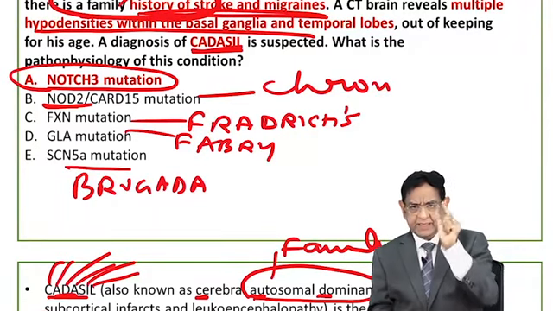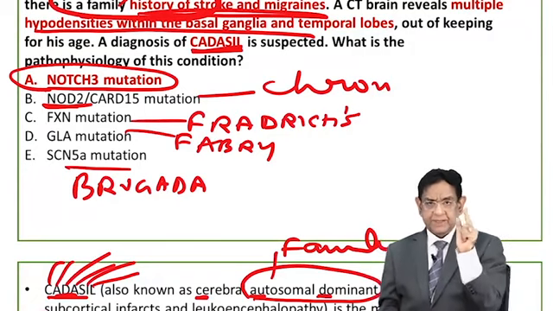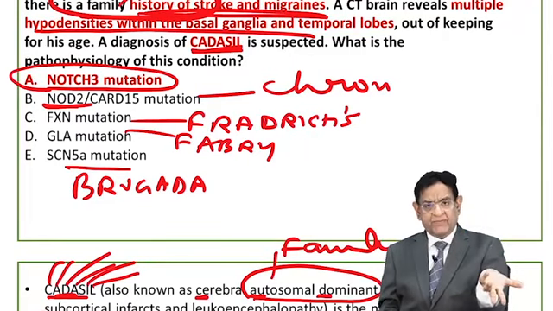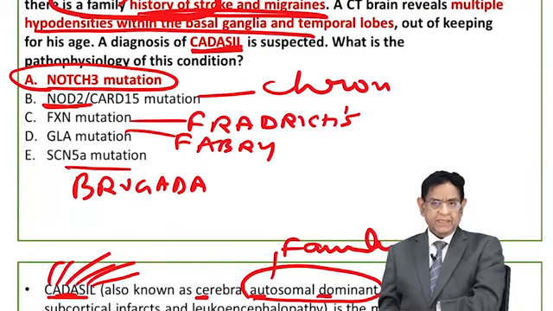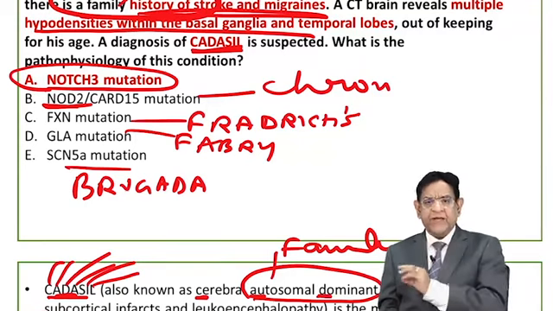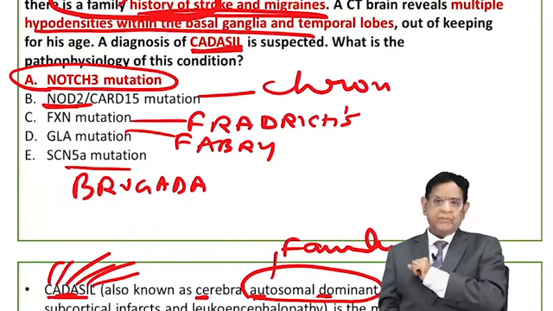If it is normal, that means bleeding is ruled out. Then, if he comes within 4.5 hours, go for thrombolysis as well as mechanical thrombectomy. Third, if he comes after 4.5 hours and up to 6 hours, go for thrombectomy.